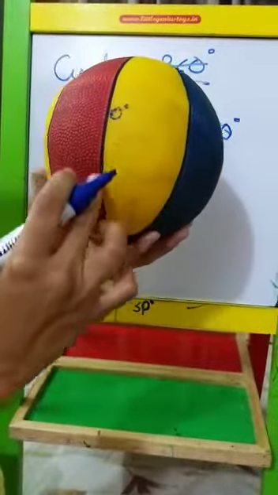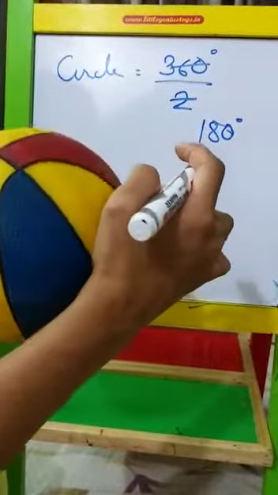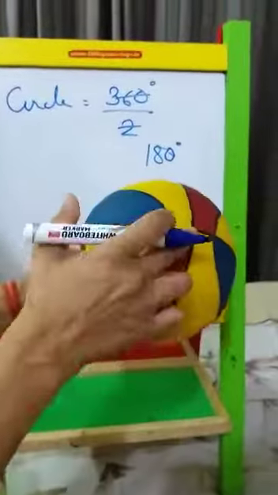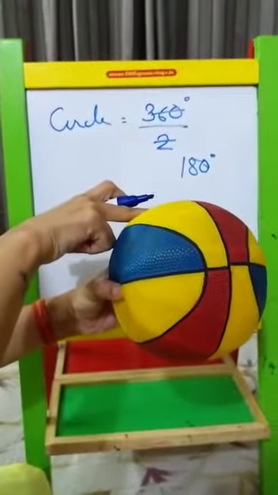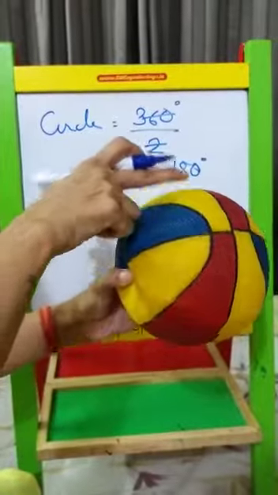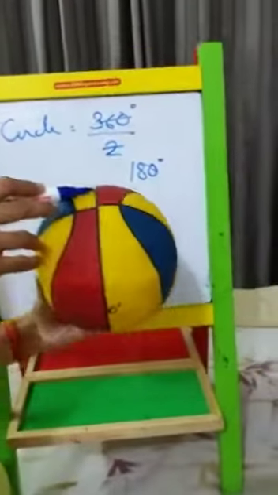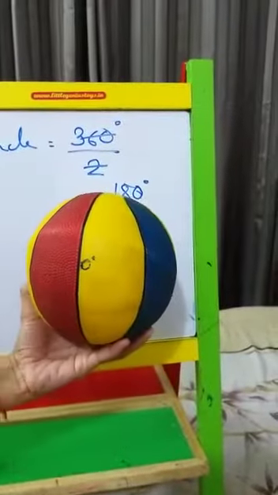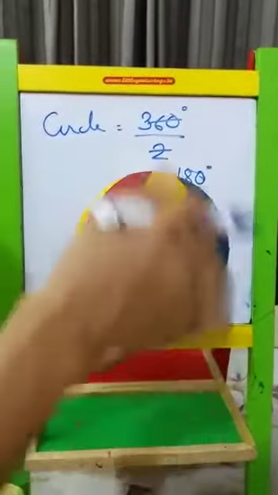So if this is my 0 degree longitude, when I cover half of the earth, the longitude which is just opposite to this becomes my 180 degree longitude. When I again travel from this 180 degree longitude back over here, I have 360 degrees in all.